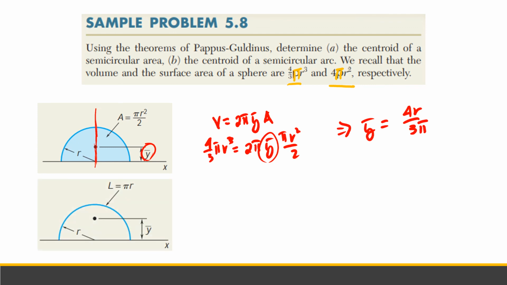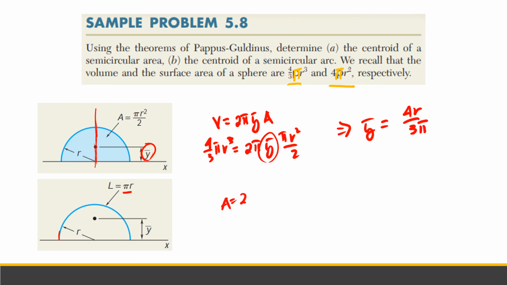Okay, so next is the centroid of a semicircular arc. Meaning, line na siya. Kanina is area, ngayon naman is line na siya, or curve. The length of the curve is pi r for a semicircle. If you rotate this curve, ma-generate natin is yung area.